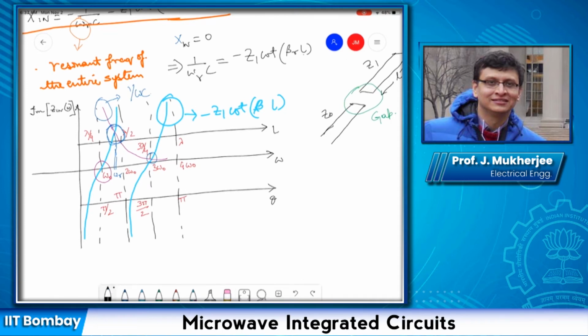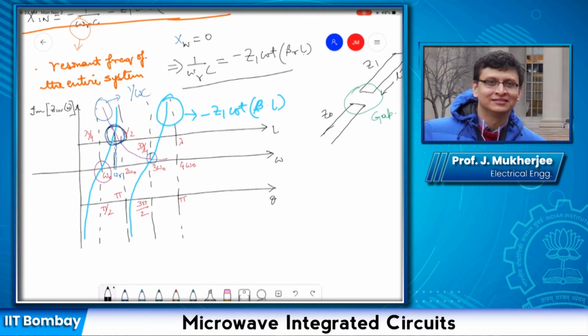So the point where these two are equal is the frequency of resonance of the whole system.